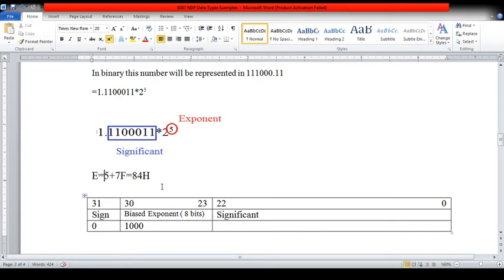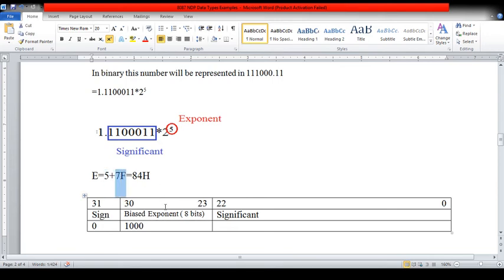Exponents are always biased, or extended by the actual value, so that we need not worry about handling the sign of the numbers. While storing, whatever actual exponent is there will be added to the biased value.